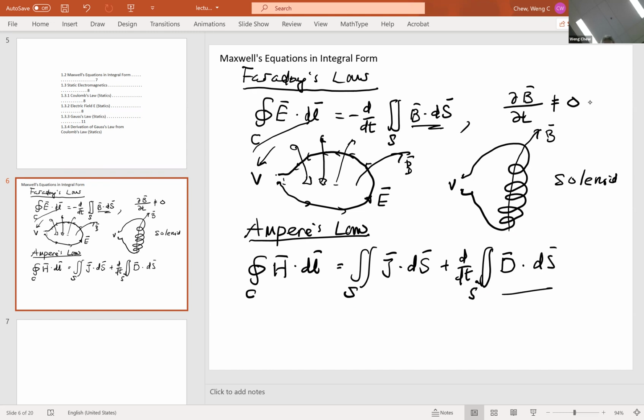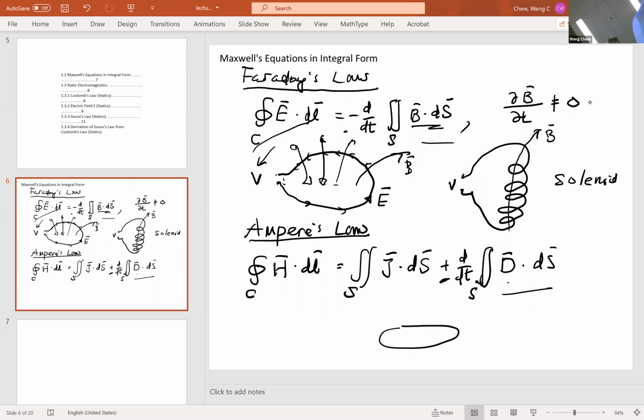This term looks like that term, but there's a difference. There's a plus sign here, there's a minus sign here. This is D instead of B. This is electric flux linkage. The other one was magnetic flux linkage. Ampere's law says that the integral on the left-hand side, which calculates the effect of the magnetic field going around the loop, is equal to the total current that flows through the loop plus the time rate of change of that flux linkage.